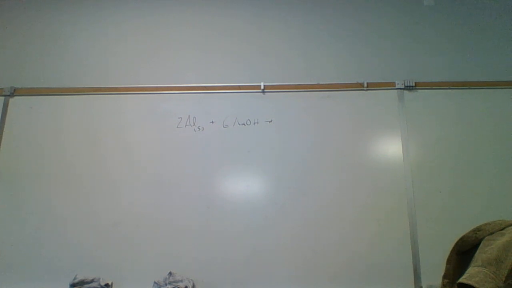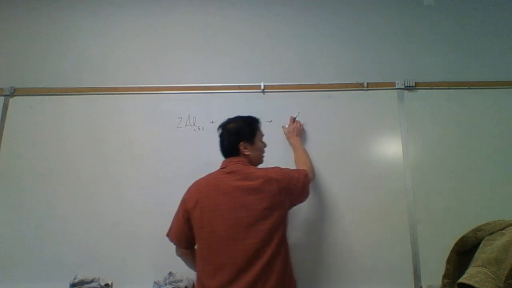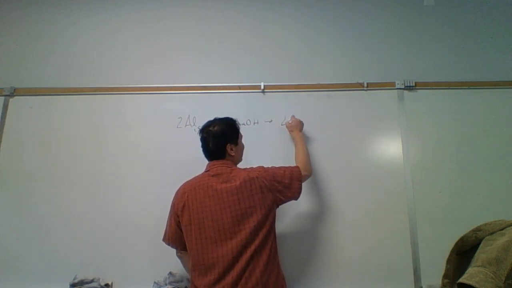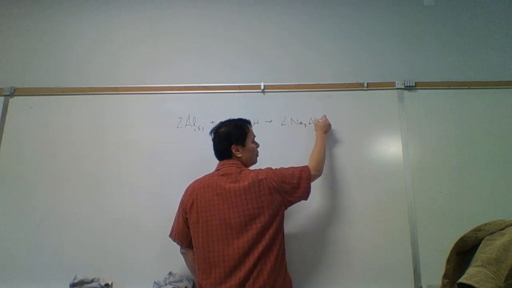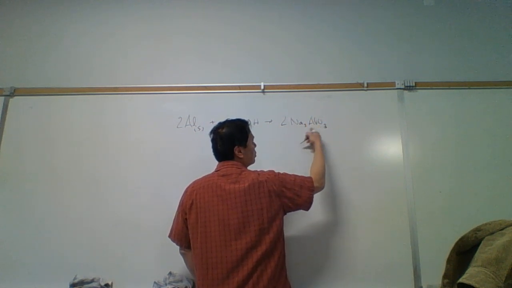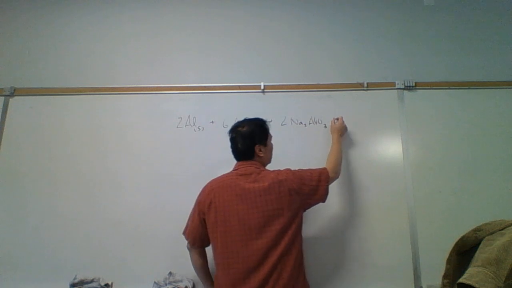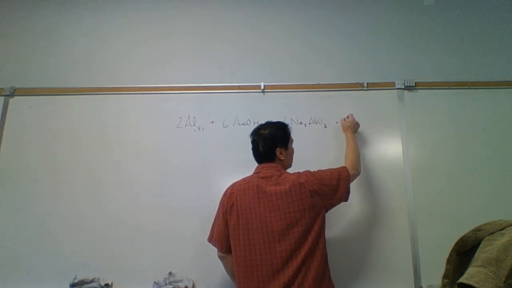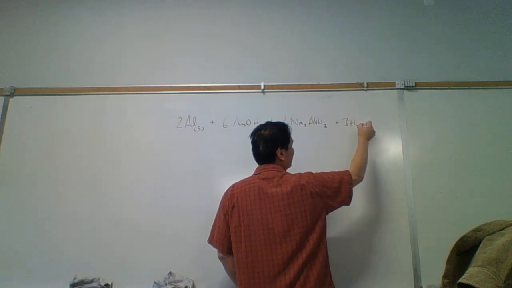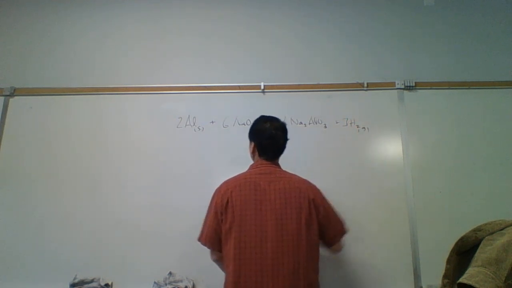But anyway, we don't need to name that. We're going to have 2 Na3AlO3. Sodium's a +1, so this AlO3 must be a net -3 charge. Sodium salts are soluble, so that's going to be aqueous. And then H2 is a gas.